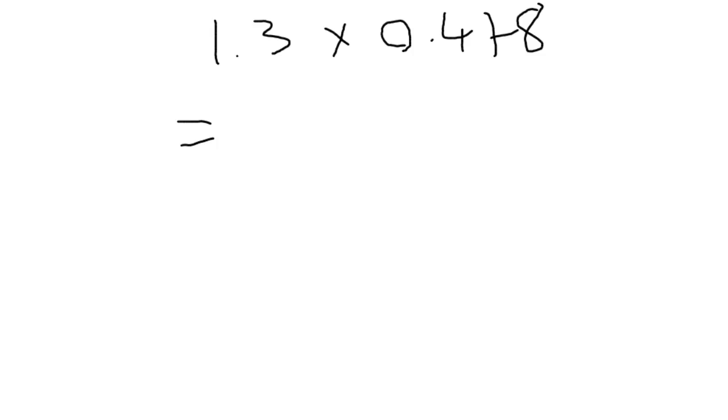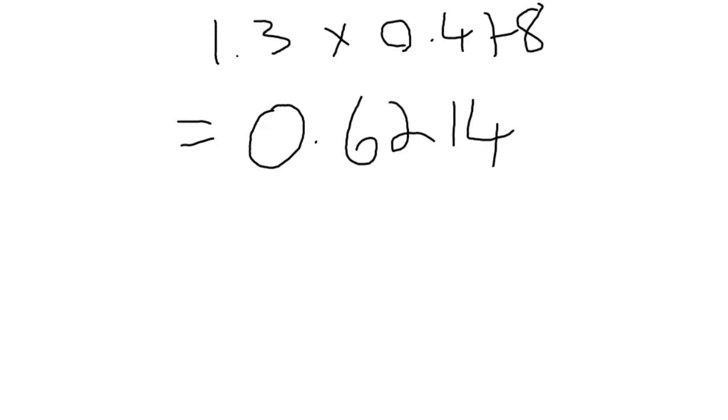So let's multiply 1.3 on my calculator by 0.478, and I get an answer of 0.6214. Now, first thing you always want to do is make sure that it looks like a reasonable value, especially when you're using a calculator. Sometimes you can input something and get completely the wrong number. That looks reasonable. So how many sig figs do we use?